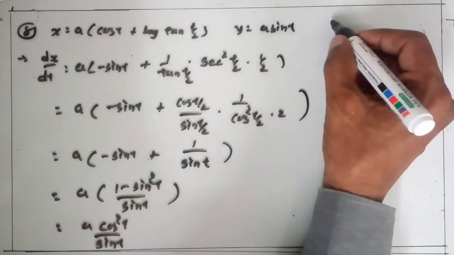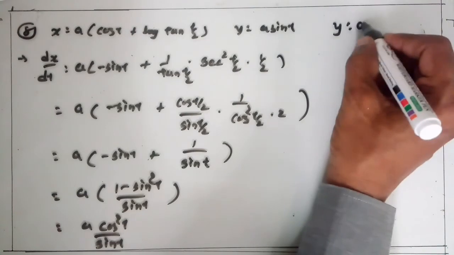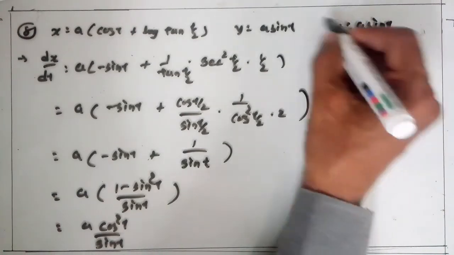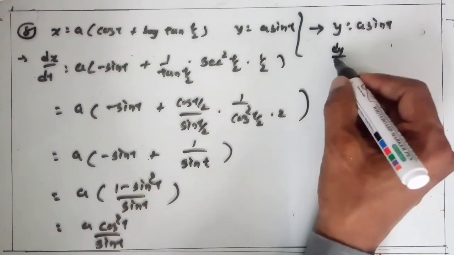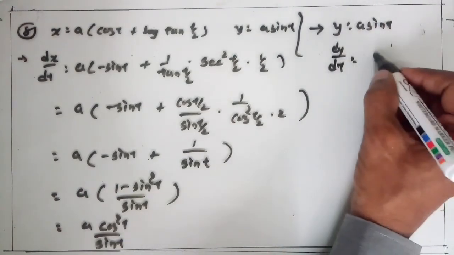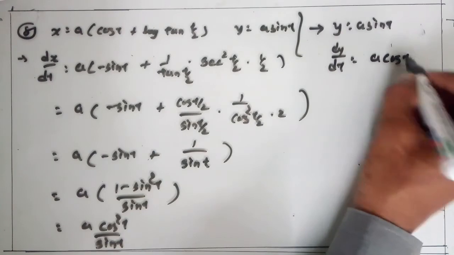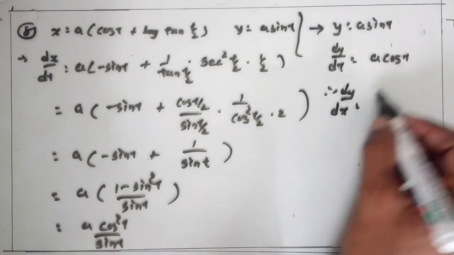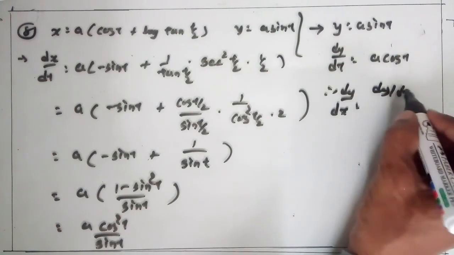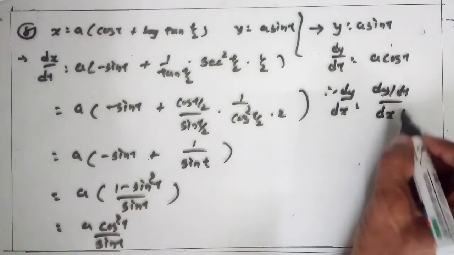Now for y is equal to a sin t, get a derivative of y with respect to t, so is equal to a cos t. Therefore dy dx is equal to, we know that, dy dt upon dx dt.